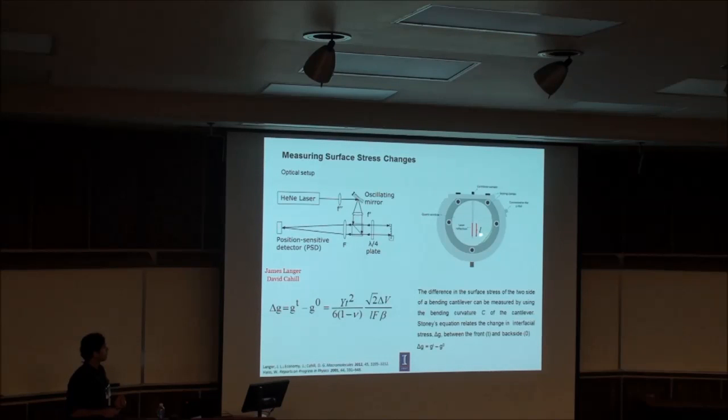The basic method is that we have a very thin cantilever, around 150 microns. As the surface stress of the substrate changes, the cantilever starts bending. If we reflect a laser from the surface of the cantilever, we can detect how much it is bending. That bending is related to the surface stress of the material through Stoney's equation.